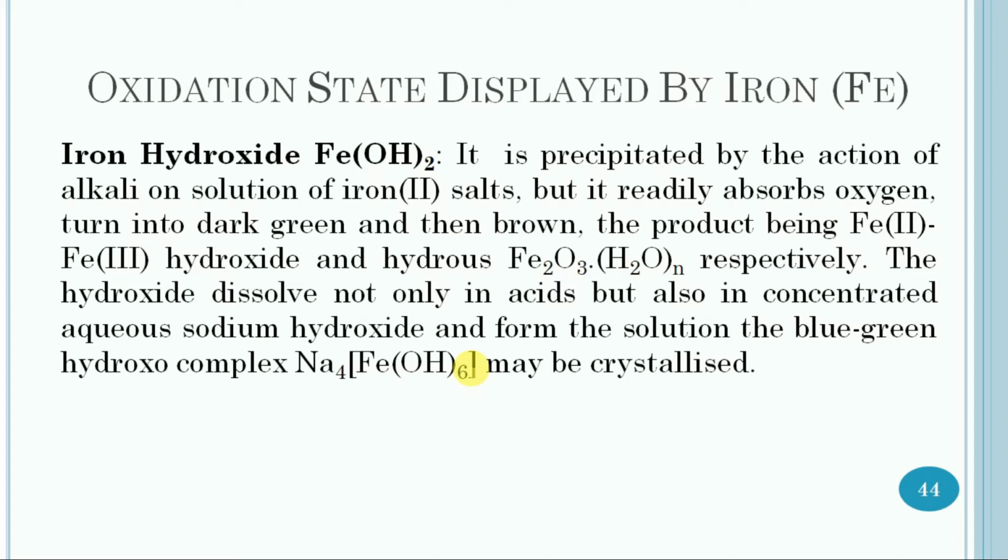Next is iron hydroxide, and it is also called white hydroxide. It is precipitated by the action of alkali on the solution of iron 2 salt, but it readily absorbs oxygen, turning dark green and then brown.